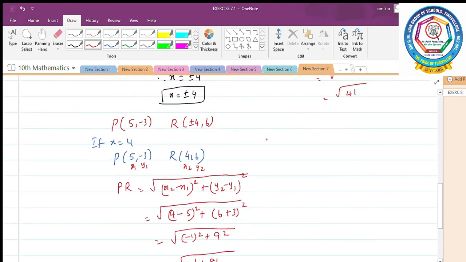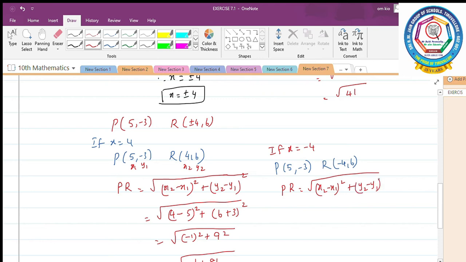Next one, if x is equal to minus 4, we have to find the distance between PR. So P is (5, minus 3), then R is (minus 4, 6). PR equals square root of (x2 minus x1) the whole square plus (y2 minus y1) the whole square. This is x1, y1, this is x2, y2.